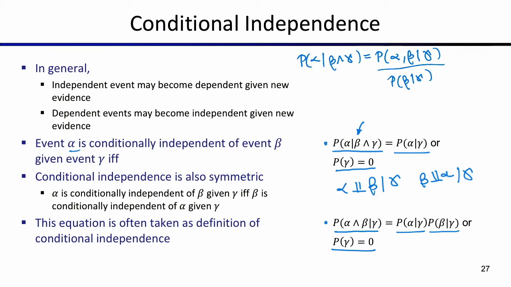But if we take the second definition, that's going to be equal to the probability of alpha given gamma times the probability of beta given gamma divided by the probability of beta given gamma, right? And we can cancel this, and we have that this is the probability of alpha given gamma. So exactly what we have here in this first equation.